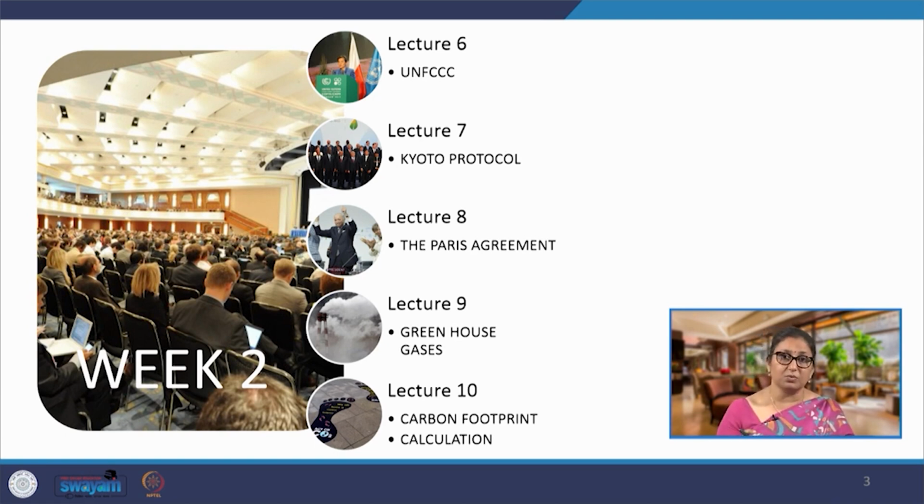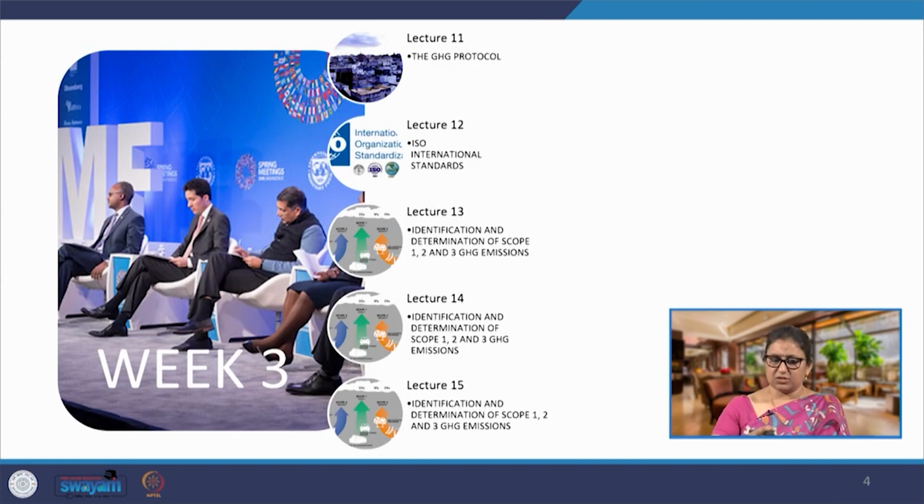It is never going to be absolutely accurate, but then we can have a comparative idea from past to now between two different entities, and this is what the whole discussion on carbon emissions is about.